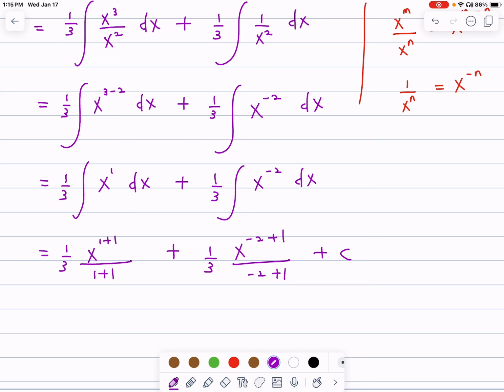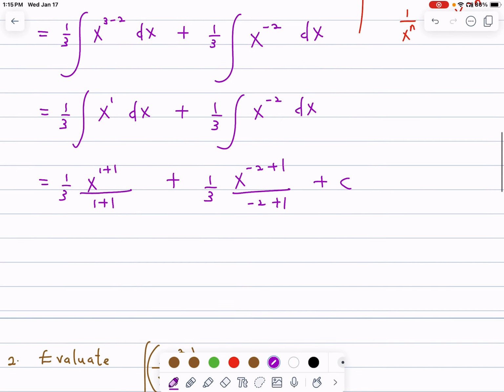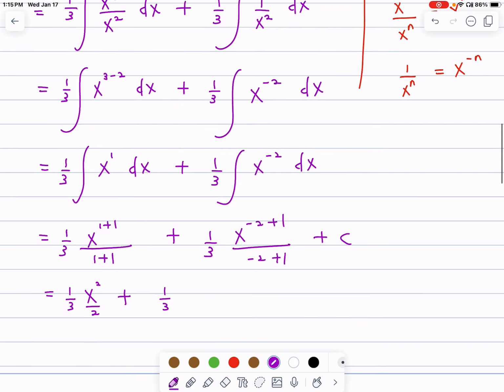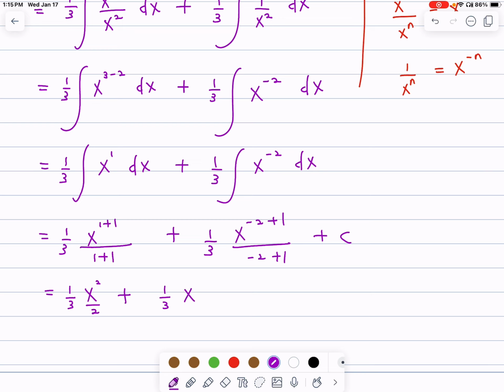The c there is the constant of integration. And then this is just going to be 1 over 3 x squared over 2 plus 1 over 3 x to the power of negative 1 over negative 1, plus c.